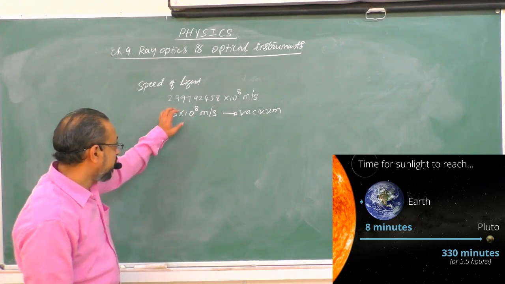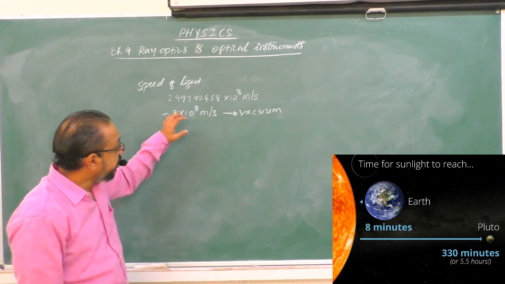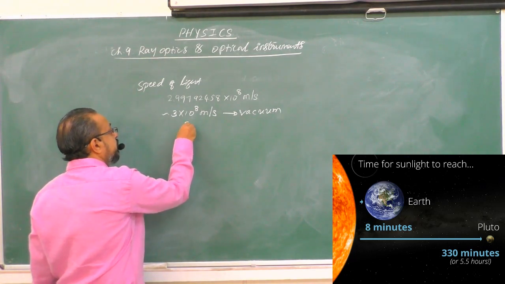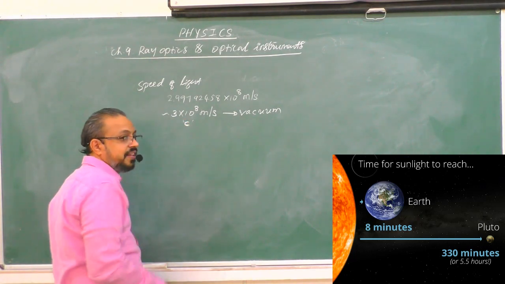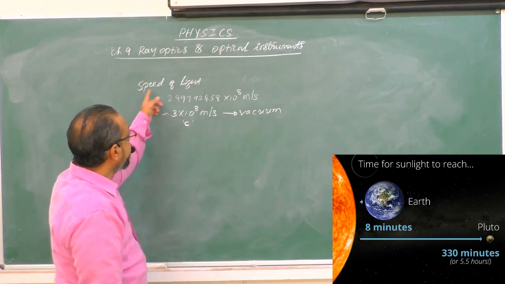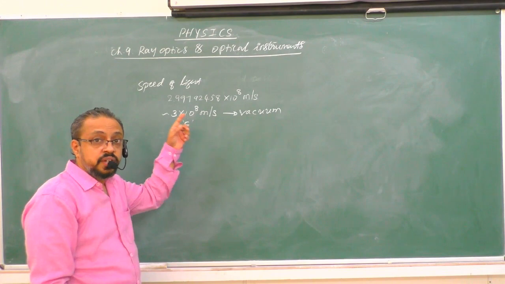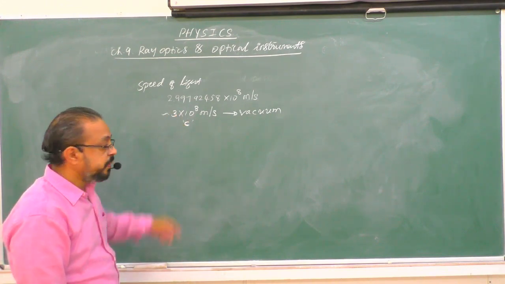And this particular number, 3 into 10 power 8 meter per second, we usually represent it by the small letter c. So c stands for speed of light in vacuum, it is 3 into 10 power 8 meter per second, greatest speed.